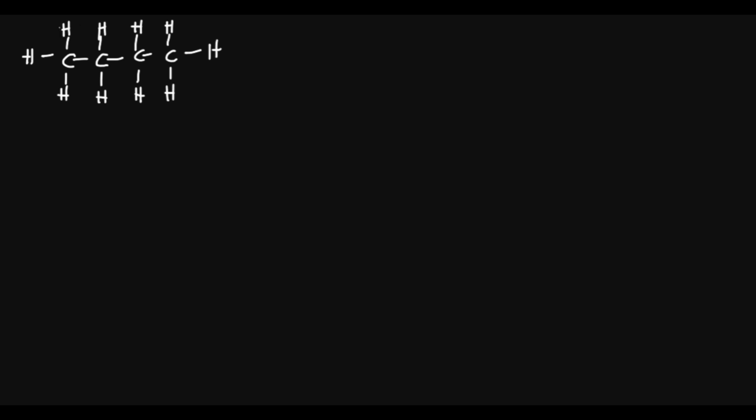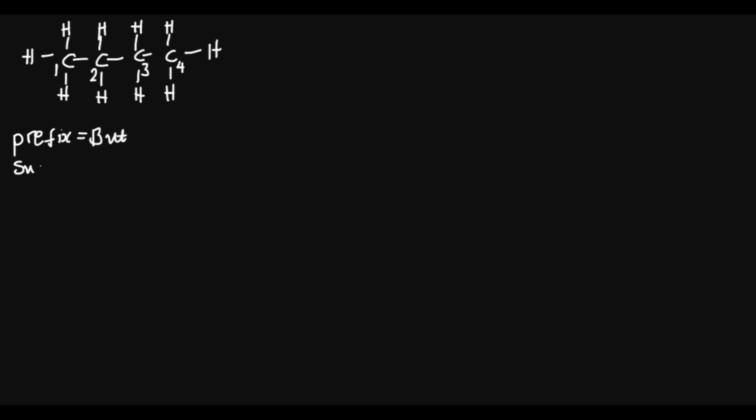Okay, so when naming a structure, first we need to indicate the prefix. Remember, the prefix we said was the number of what? Carbon. So how many carbons do we have? So 1, 2, 3, 4. So from our list we said this is but.